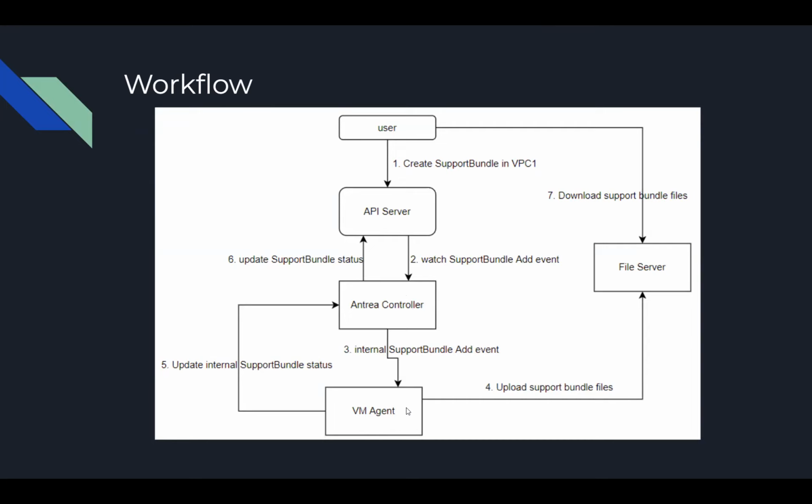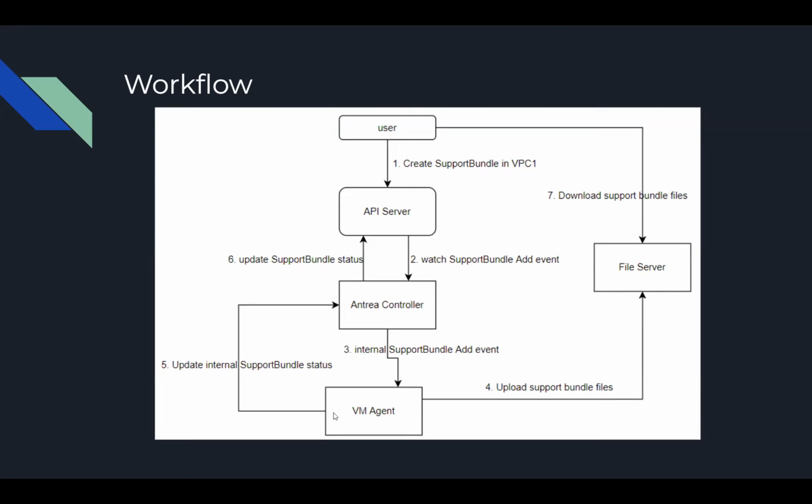But the agents are only on the VMs which are selected or defined in the CRD nodes. So other VMs will not receive the internal objects. Then after the VM's Antrea agent receives the internal object, it begins to collect the logs and upload the bundle files to the target file server defined in the internal object, which is copied from the original CRD object.